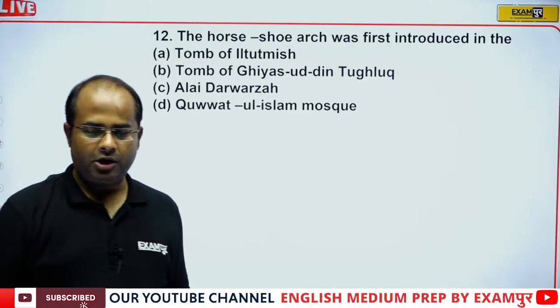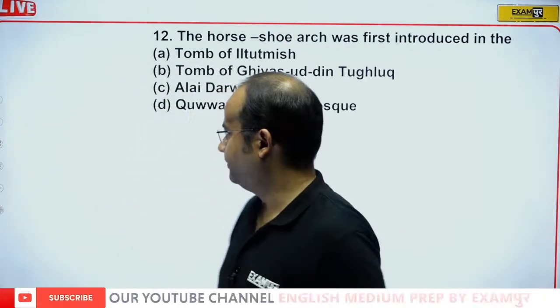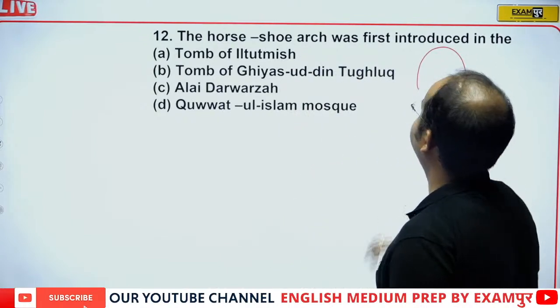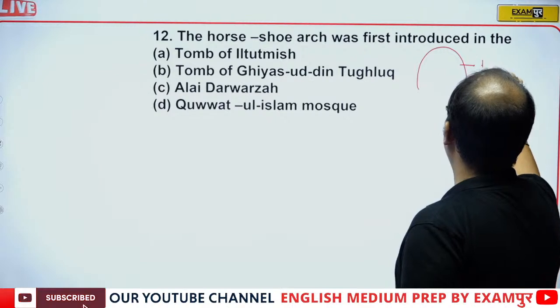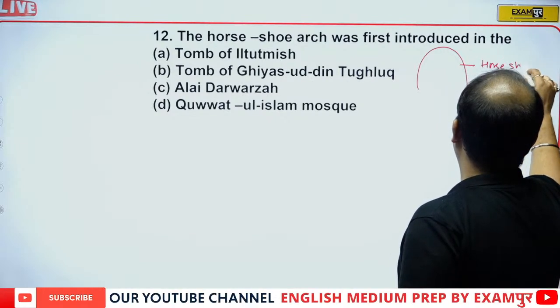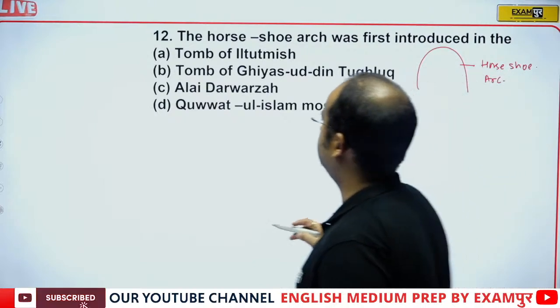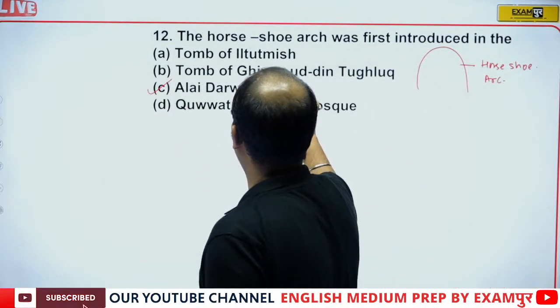Okay, let's see, the horseshoe arc looks like this. And for the first time it was seen in Alai Darwaza.